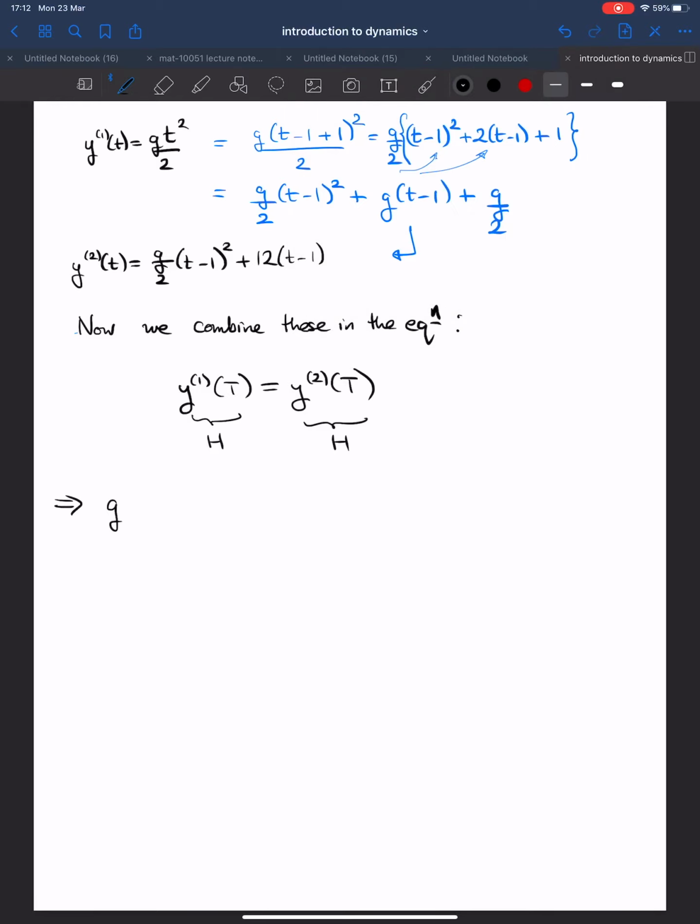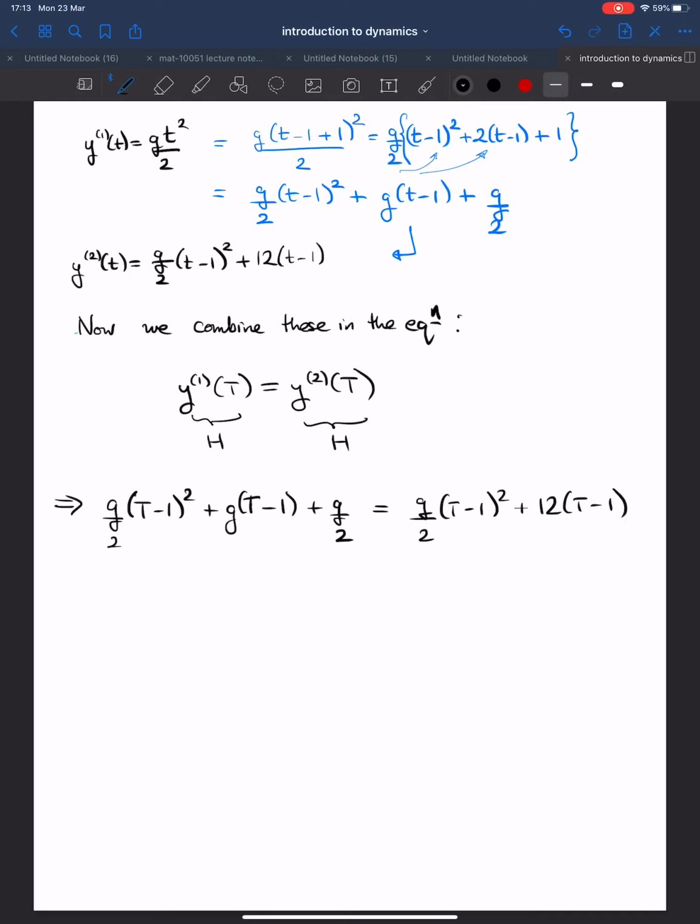This implies we have g over 2, (T minus 1) squared plus g. Don't forget, it's capital T for consistency. T minus 1 plus g over 2 equals what? Equals g over 2, (T minus 1) squared plus 12(T minus 1).